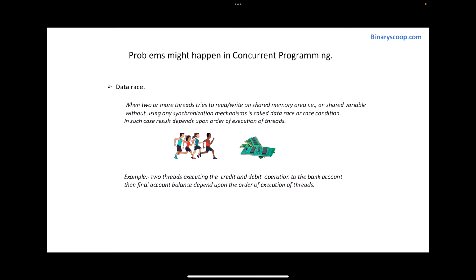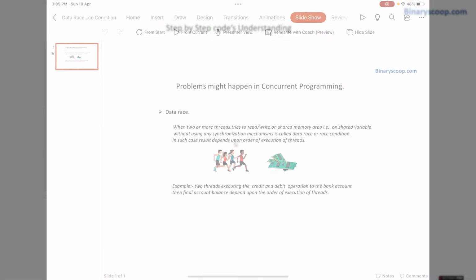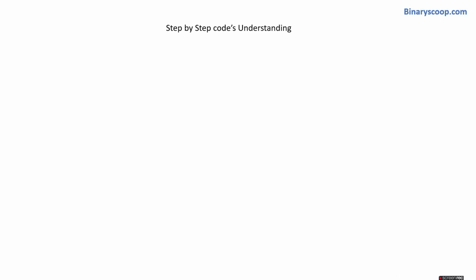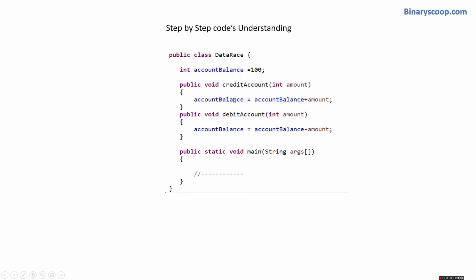Now let us understand it with the help of a program. So let us dive into Eclipse. Okay, so before moving into Eclipse, let us see what the code actually contains. The code contains a data race class. The data race class contains a variable account balance whose initial value is 100 and two methods, credit account method and debit account method.